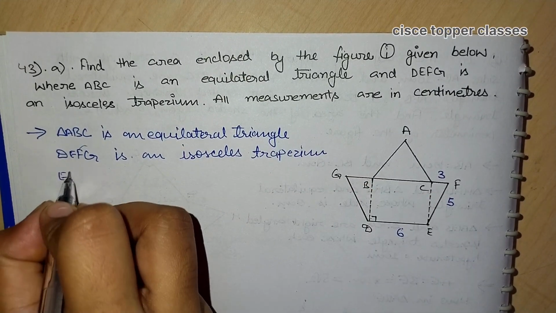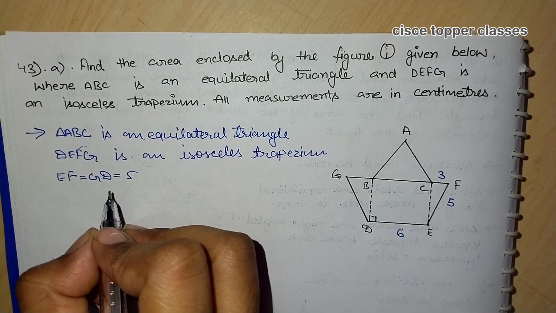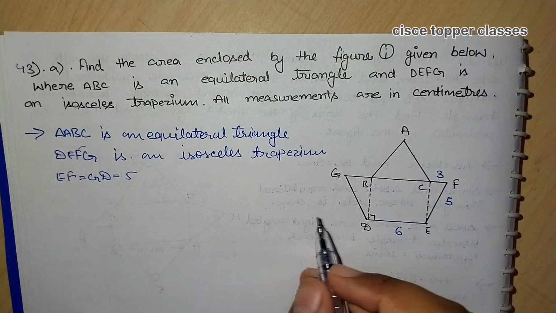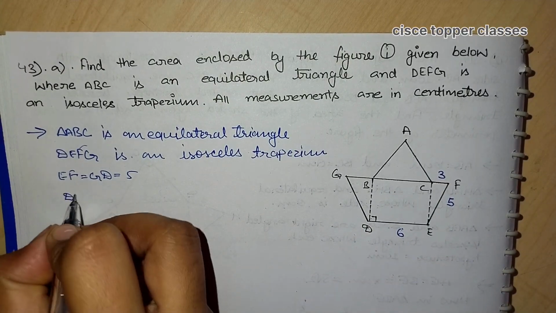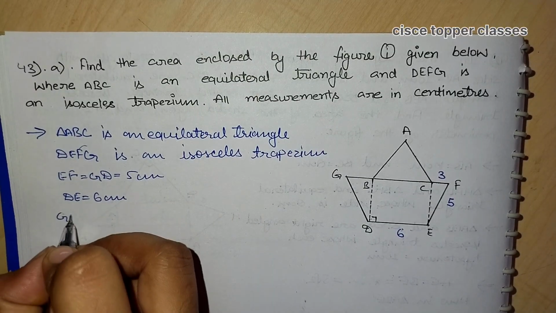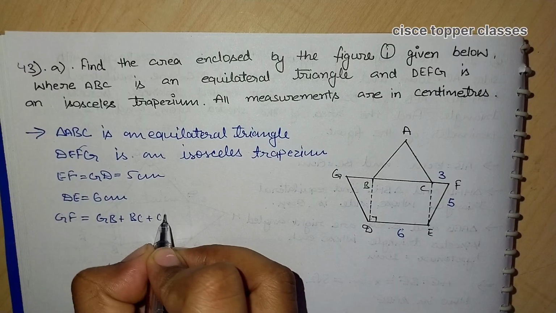So we can write EF as equal to GD, which is 5, because in an isosceles trapezium, two non-parallel sides are equal. So DE is equal to 6 centimeter, this is 5 centimeter. So from that only we can write GF as GB plus BC plus CF.